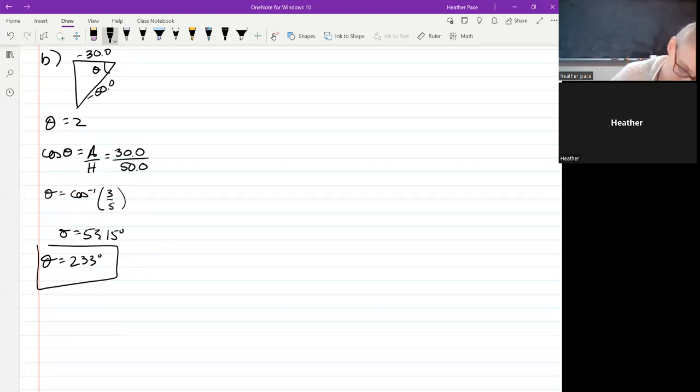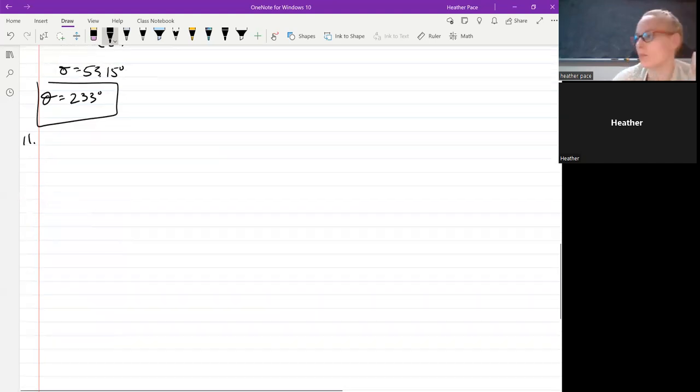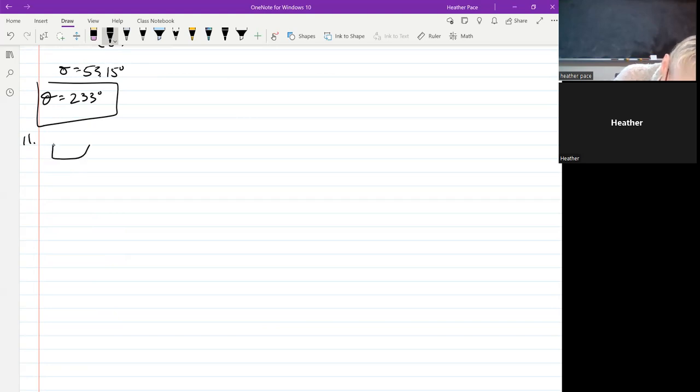Number 11. Number 11 says a boat moves through the water, two forces acting on it. So we've got a little boat here.